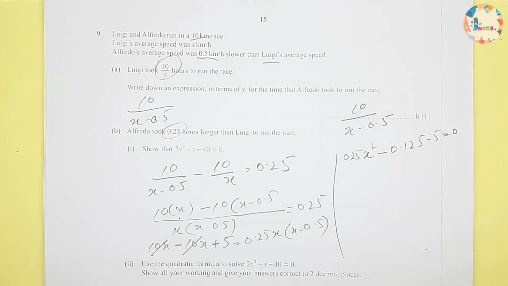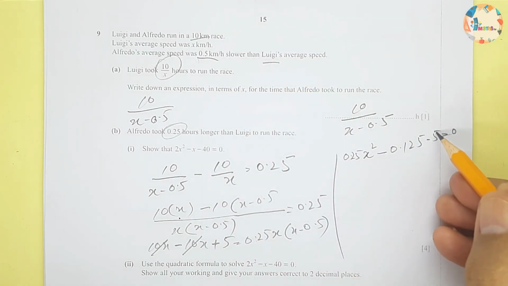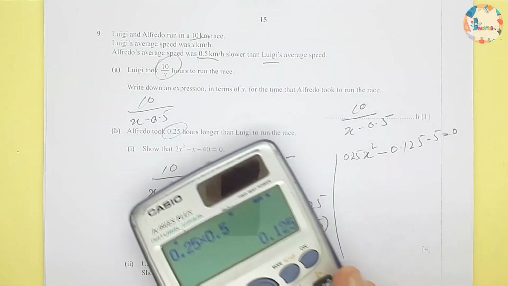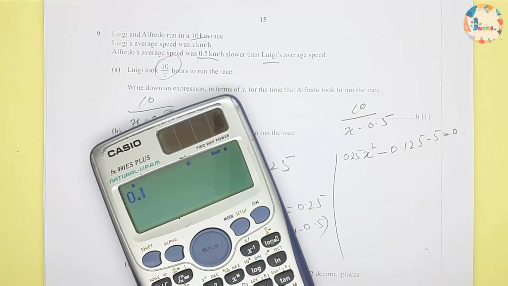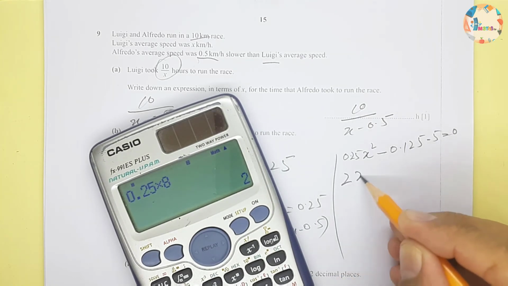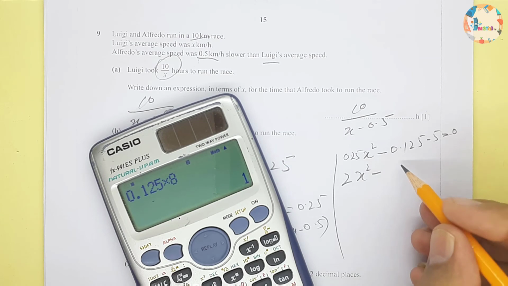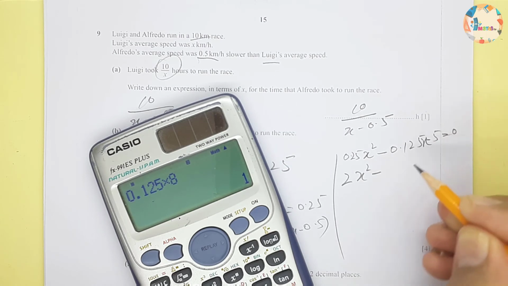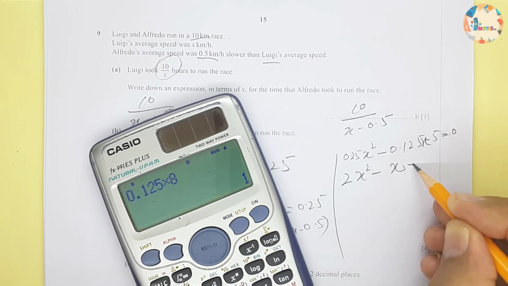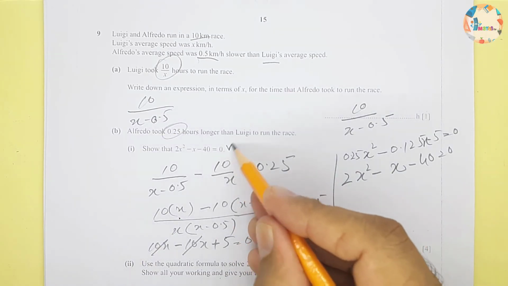Now to equalize this one, we can check, this is 40, this is 5, so we will multiply the whole equation by 8, so 0.25 multiplied by 8 will be equal to 2, so 2x squared minus this one also, 0.125 multiplied by 8 will be equal to 1. So we missed x over here, so it will be x minus this will be 40 is equal to 0, which is same as this equation.